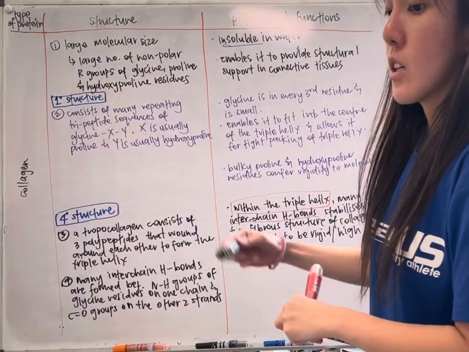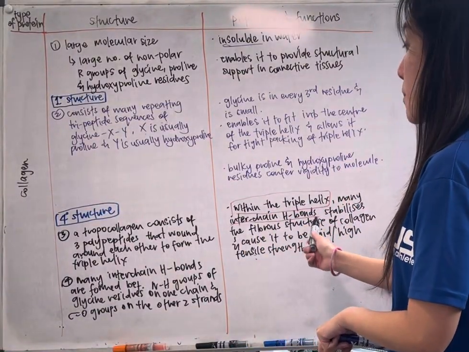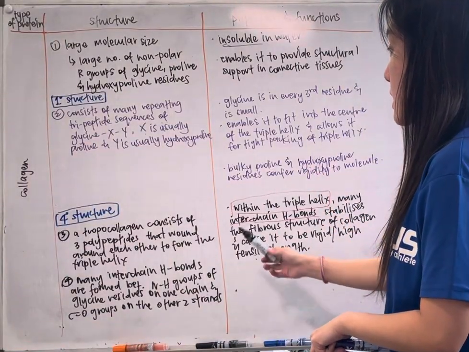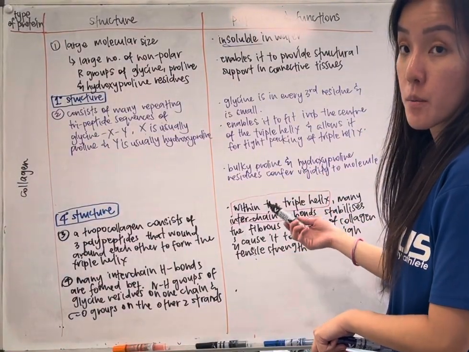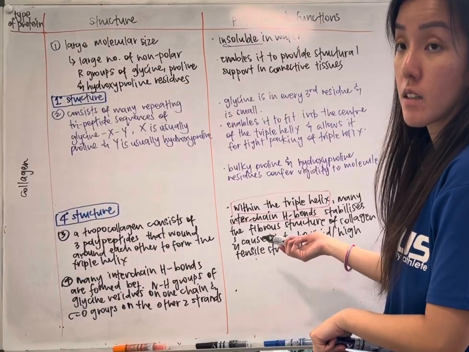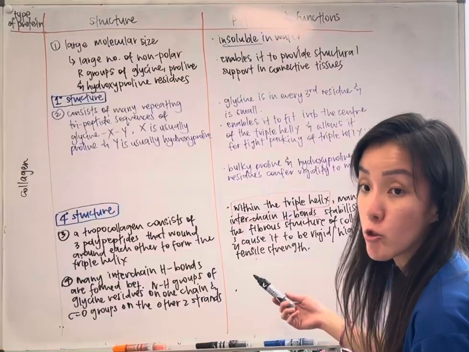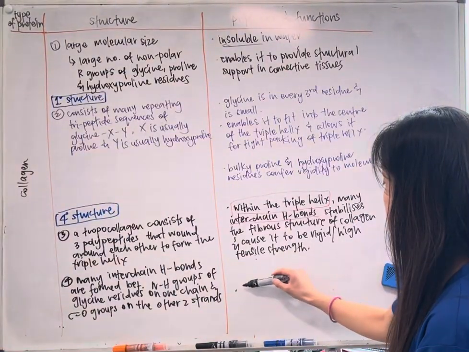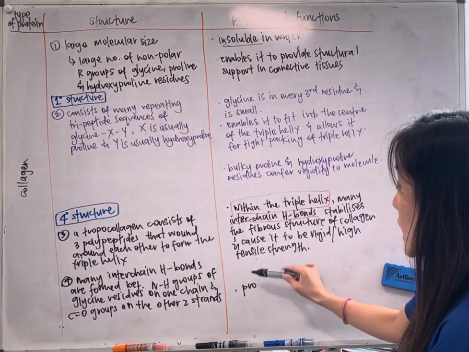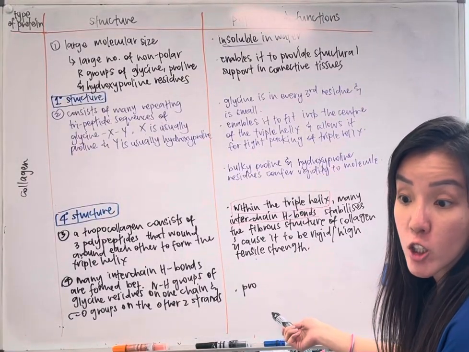So what's the function then? All this enables the collagen to resist snapping when you stretch your connective tissues. These two are property and function, okay?